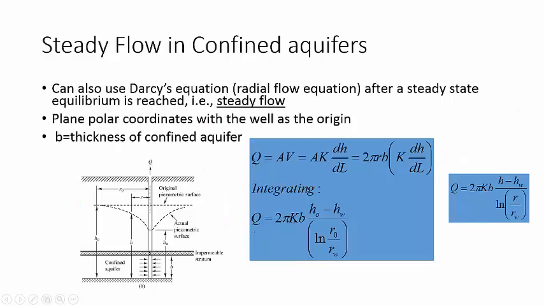So let's start with confined aquifers. We will use Darcy's equation, and we'll use plane polar coordinates. B is the thickness of the aquifer, and using Darcy's equation, it's derived to determine the flow rate in confined aquifers.